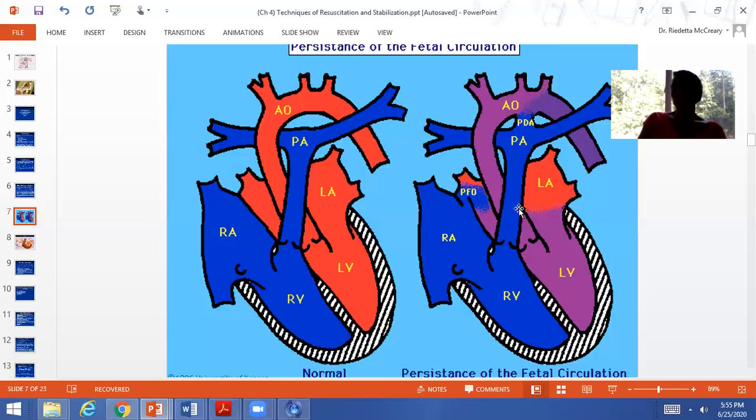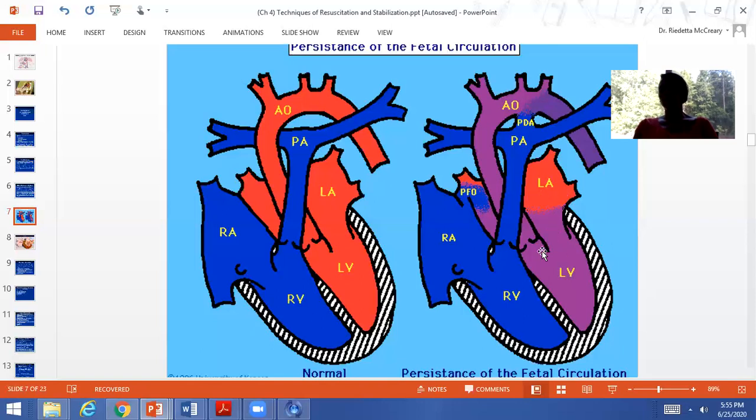If the pressures on the left were higher, it would be shunting from the left through the foramen ovale to the right. That is not the case, as you can see here with the color change. There's higher pressure on the right than there is on the left.